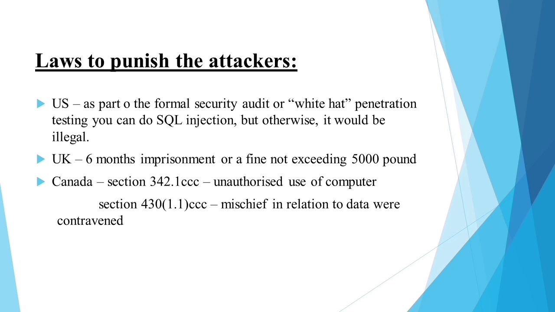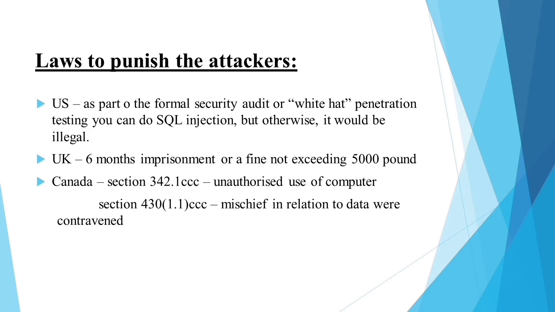In Canada, the Criminal Code of Canada contains sections that specifically cater for cybercrime, including unauthorized use of a computer, possession of a device to obtain computer service, mischief in relation to data, identity theft and identity fraud.